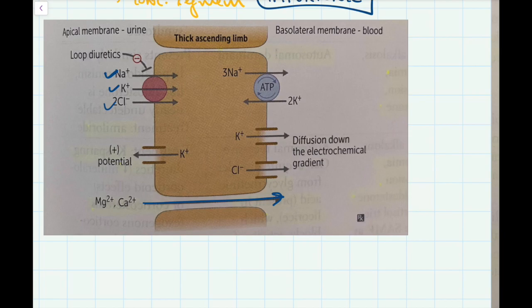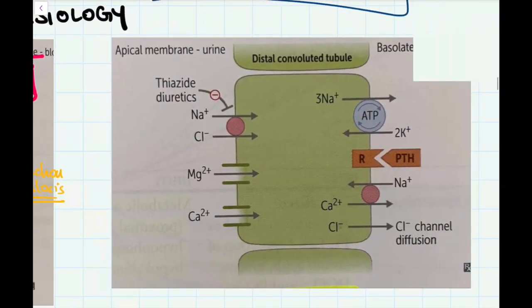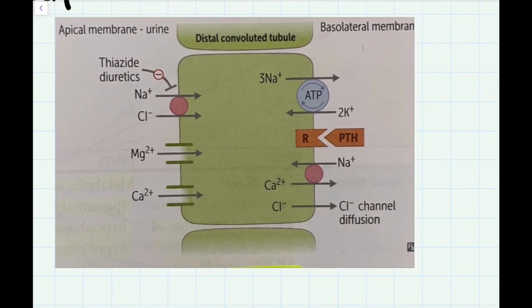This is possible due to the lumen potential, which is generated by the backleak of the potassium ions. So here around 10 to 20% of the sodium is reabsorbed. Also, the basolateral membrane has a sodium potassium ATP pump that is responsible for the backleak of the potassium ions.